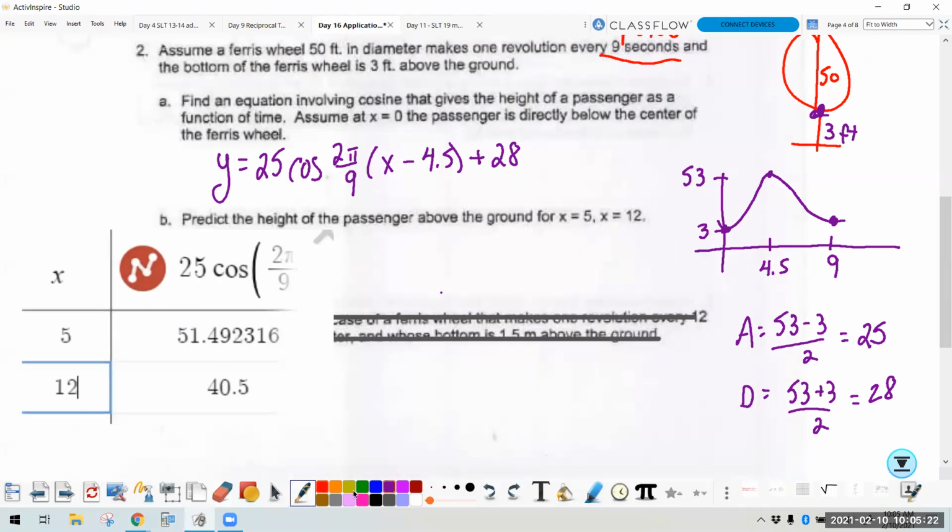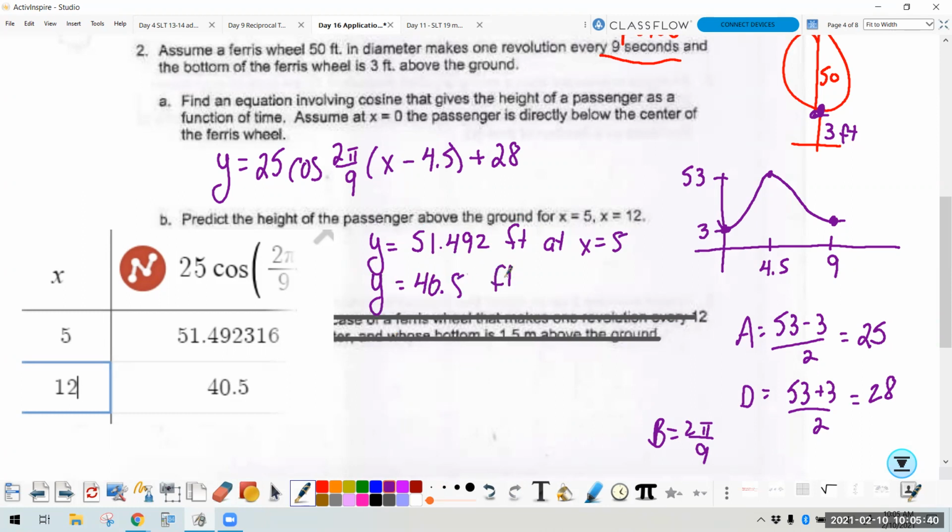Move my B work down here. All right, so the height is 51.492 feet. At time is 5, and the height is 40.5 feet. At the time is 12.